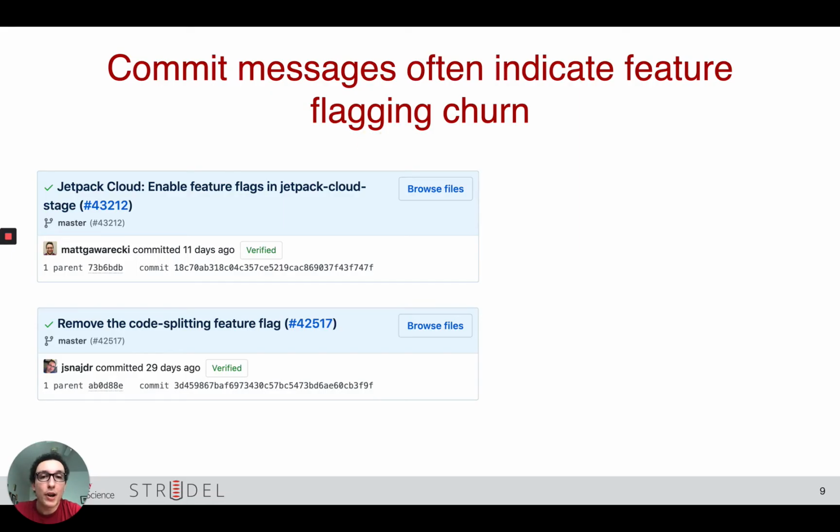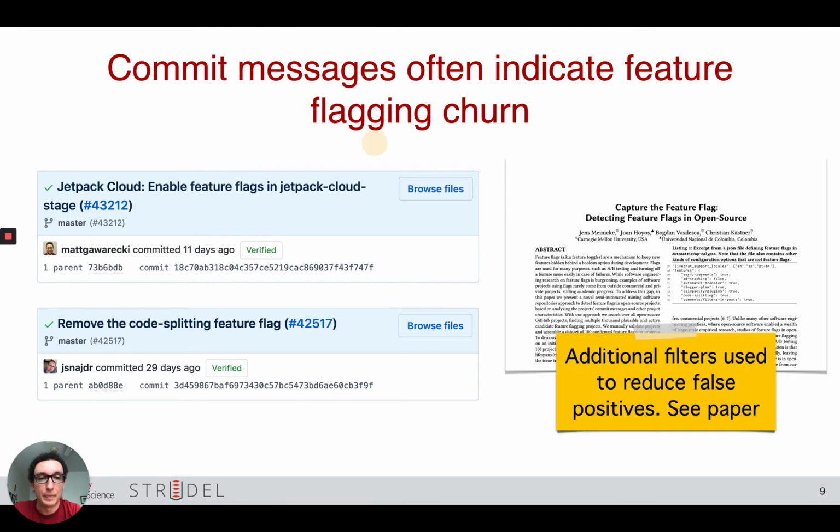So with this in mind, we realized that commit messages actually are a great way to detect feature flagging churn, because they might indicate not just the addition of these feature flags, of new flags to a particular system, but also their removal. And with enough usage of feature flags, there should be many of these traces of feature flag introduction and removal that are visible in commit messages.